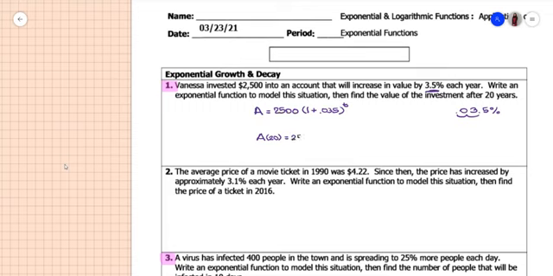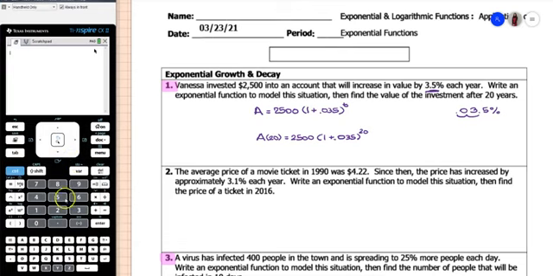So 2,500, 1 plus 0.035 to the power of 20. And so we're going to put that entire thing in the calculator. So we've got 2,500 parentheses 1 plus 0.035 to the power of 20.